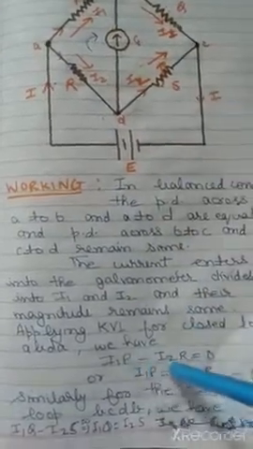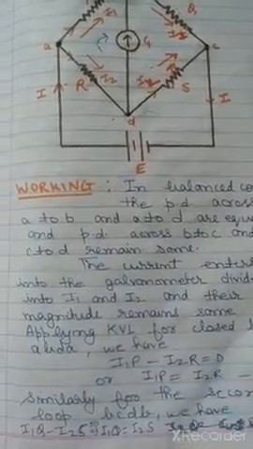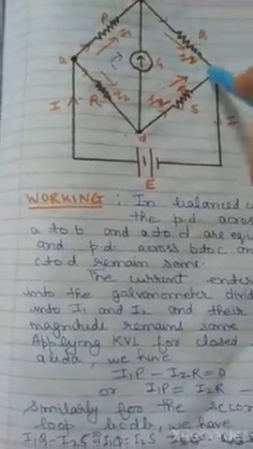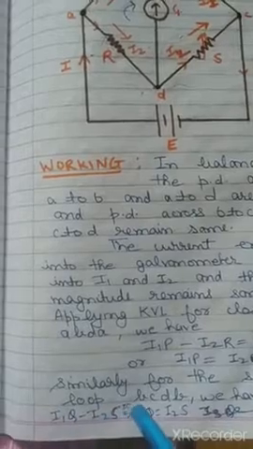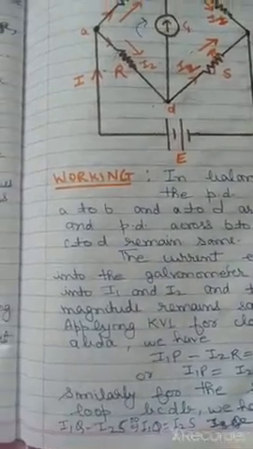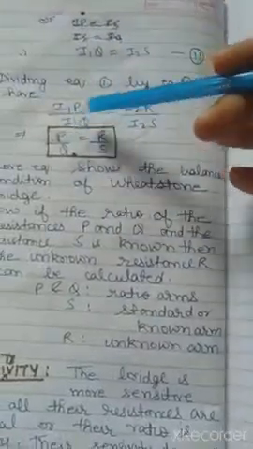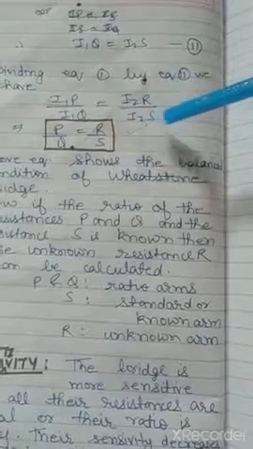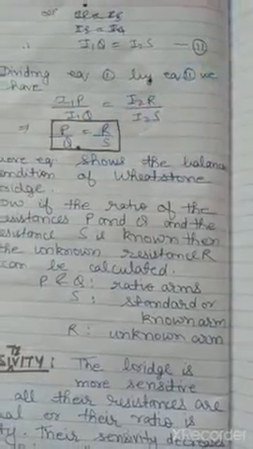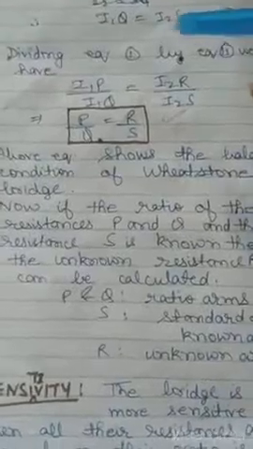So I1P minus I2R equals 0, and I1P equals I2R, and similarly I1Q equals I2 into S. So I1Q minus I2S equals 0. Now dividing both equations, we get I1P upon I1Q equal to I2R upon I2S. That means P by Q is equal to R by S, and this is the balance condition for a Wheatstone bridge.